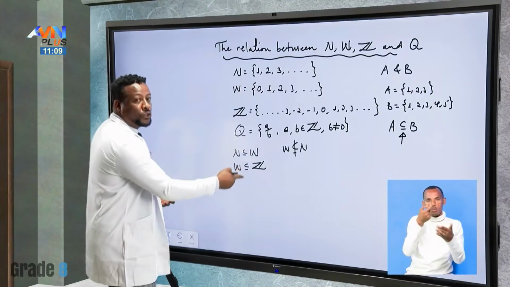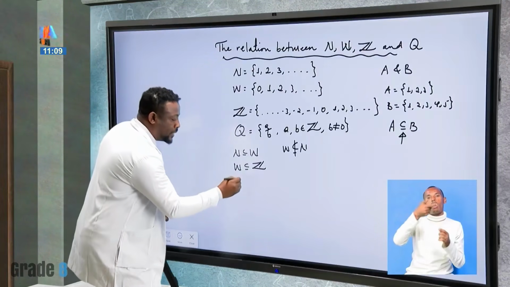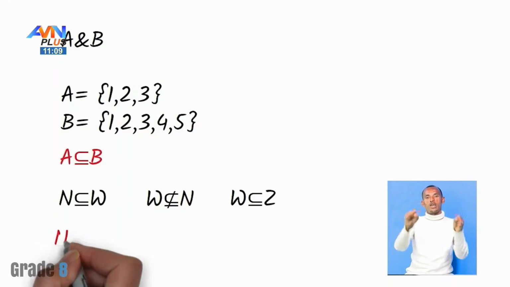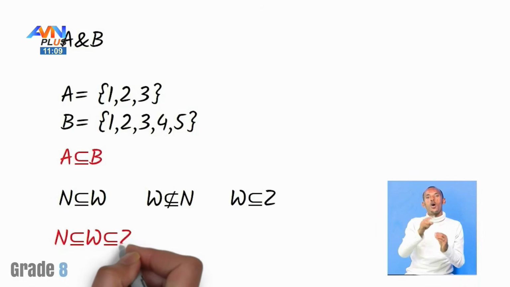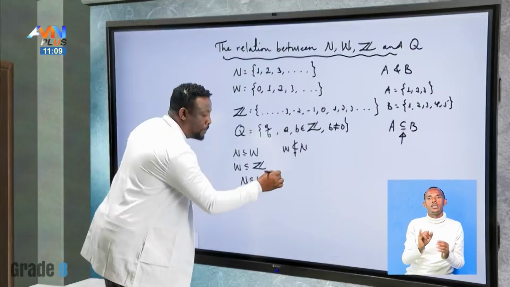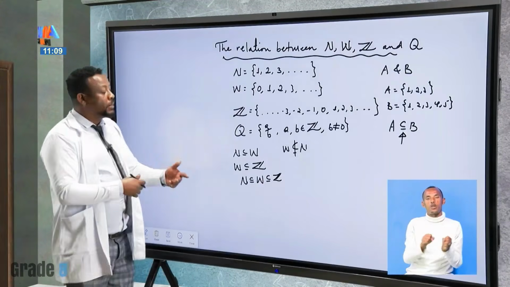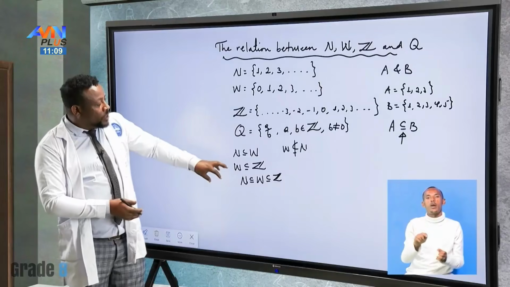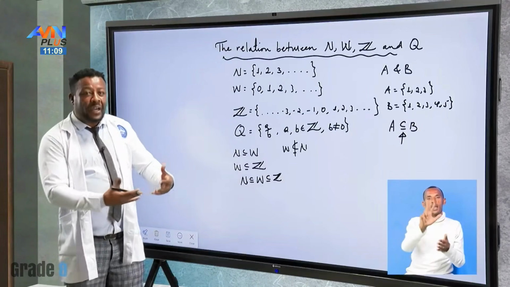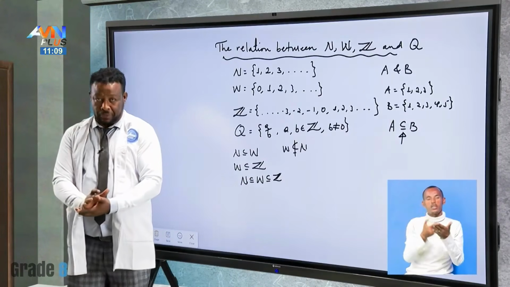So, from these 2 conditions, we can say that the set of natural numbers is the subset of whole numbers, and the set of whole numbers is the subset of integers, right? So, by connecting all these 3 sets, you can create this kind of relationship, right?